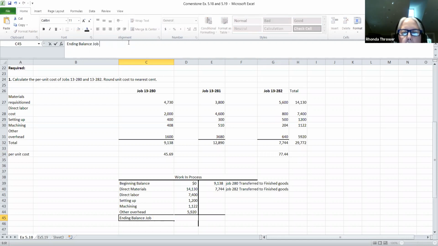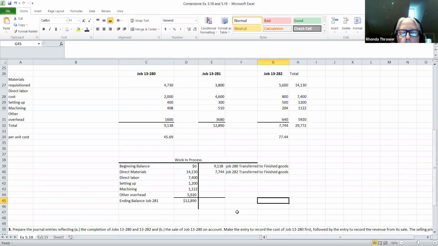The only job that was left here was job number 281. So I want to show that is job 281. But the total amount stays the same there. That is, the total ending work in process is only equal to this 12,890. So you kind of got a system of checks and balances here for you.